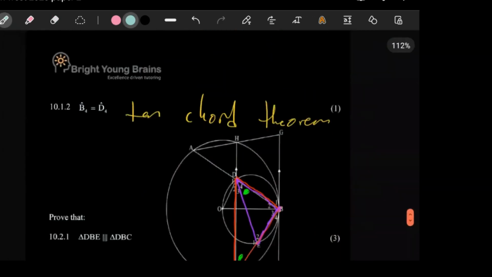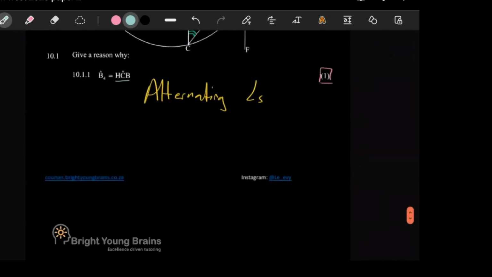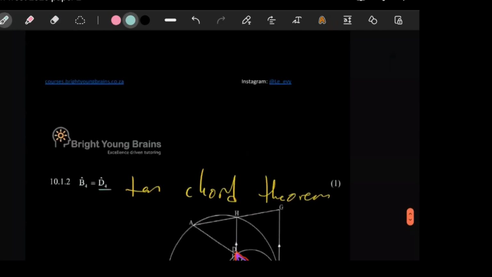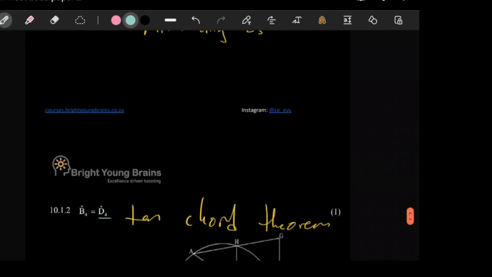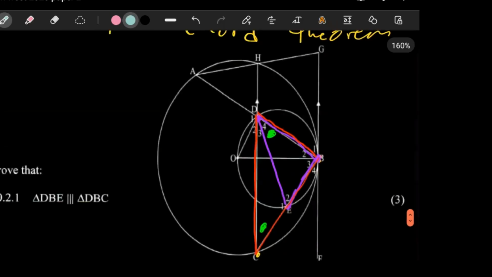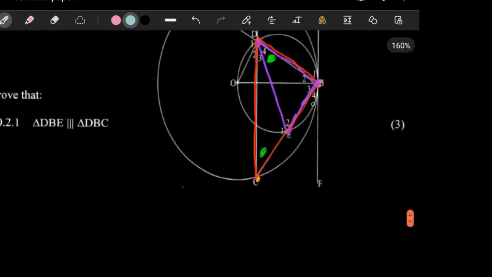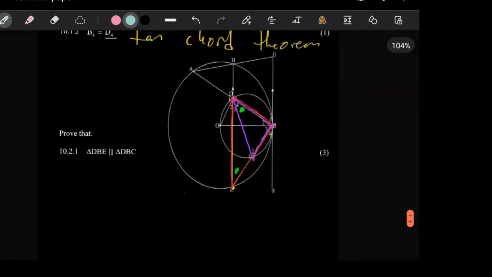Fortunately, in the previous two questions, we have shown that D4 and HCB are both equal to B4. We've shown that in the previous two questions. There was alternating angles and the tan-chord theorem. So because D4 here and HCB are both equal to B4, it means that they're equal to each other. That's something we already know.